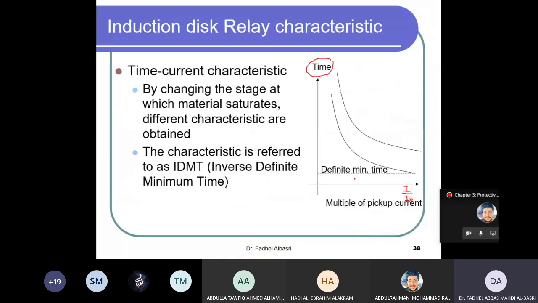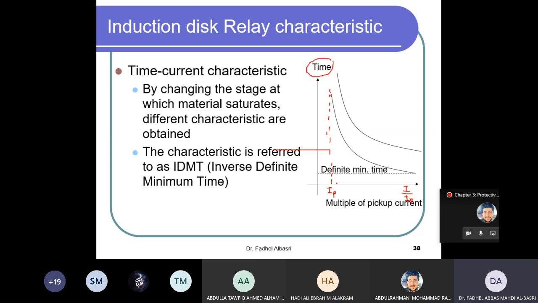Now this is the pickup setting that we choose. If the input current is greater than this, the relay will tend to operate. So where is the pickup setting? Somewhere here. This is I pickup. Any current lower than I pickup, the relay will take infinite time to operate, so it won't operate.